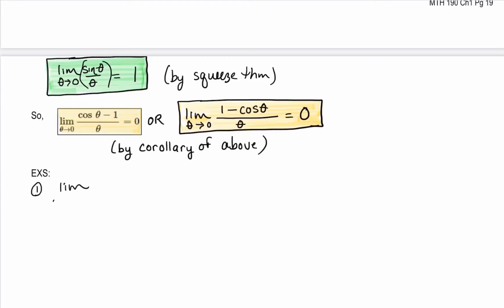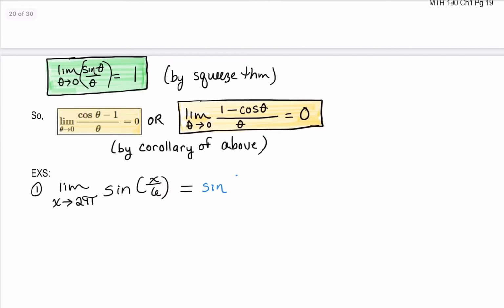If I was to ask you to evaluate the limit as x approaches 2 pi of sine of x over 6, well, sine of x over 6 is just a nice continuous function everywhere. So our first instinct on most limits is, let's just try direct substitution.